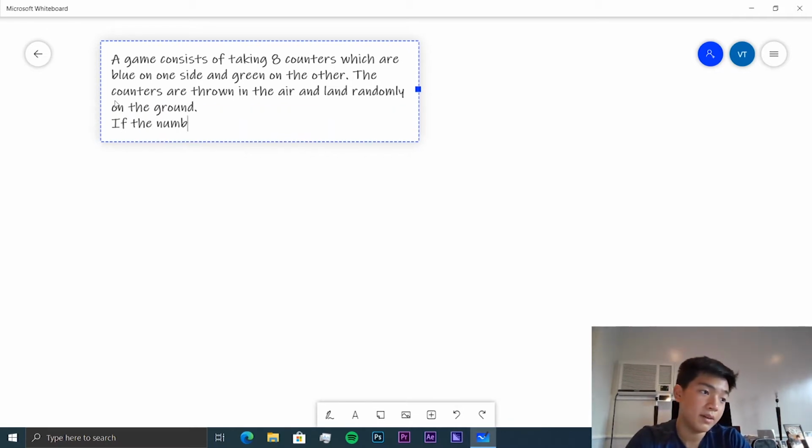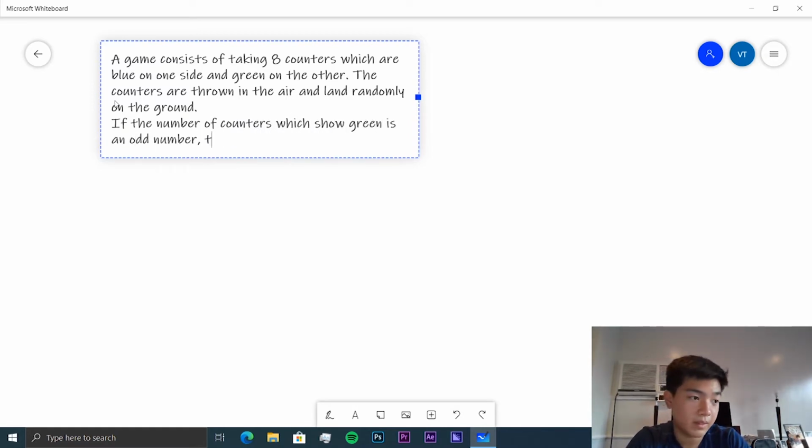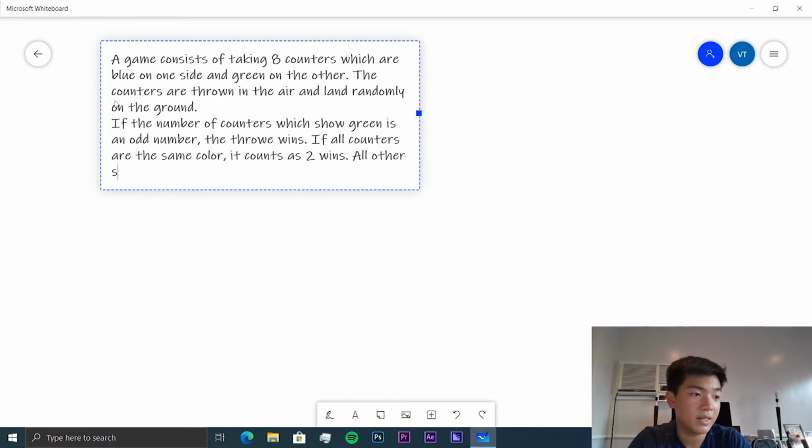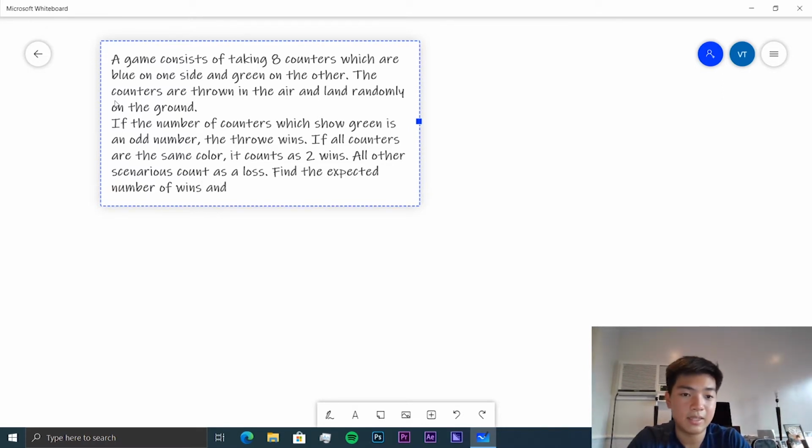If the number of counters which show green is an odd number, the thrower wins. If all counters are the same color, it counts as 2 wins. All other scenarios count as a loss. Find the expected number of wins and losses.